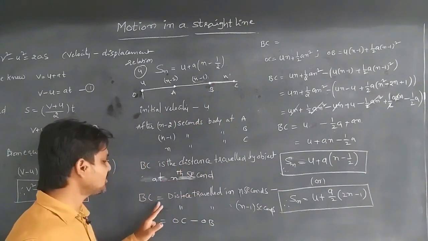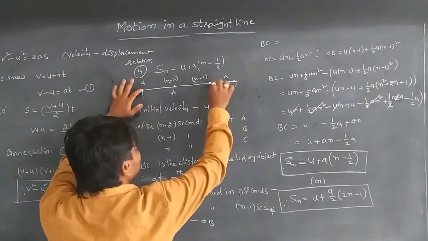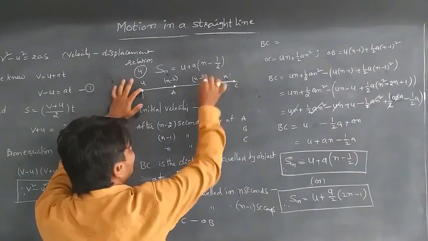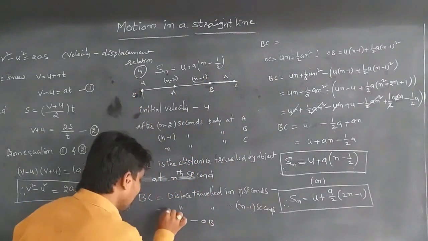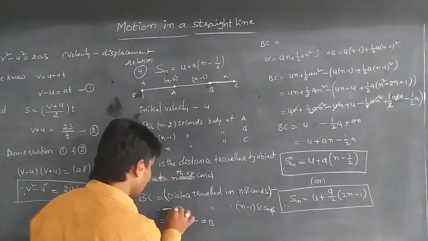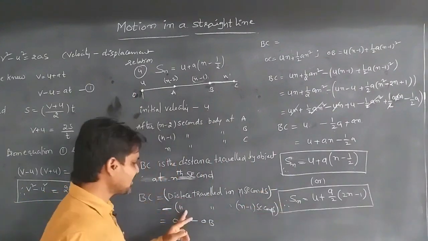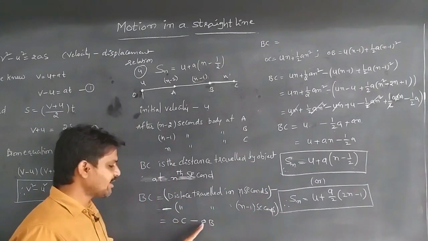So BC is equal to the total distance travelled by an object in n seconds minus the total distance travelled in n minus 1 seconds. That is OC minus OB.